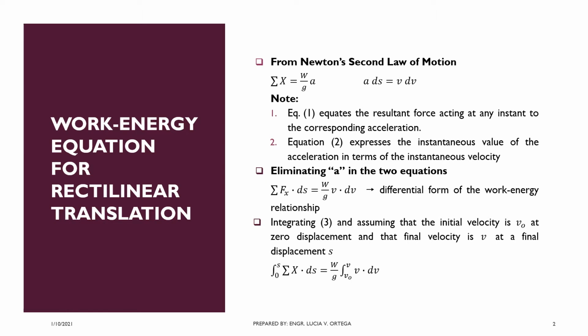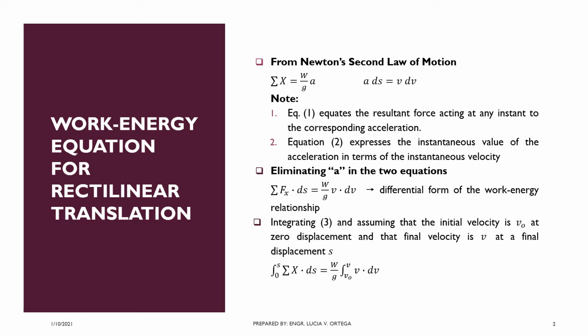The first equation equates the resultant force acting at any instant to the corresponding acceleration. The second equation expresses the instantaneous value of the acceleration in terms of the instantaneous velocity.